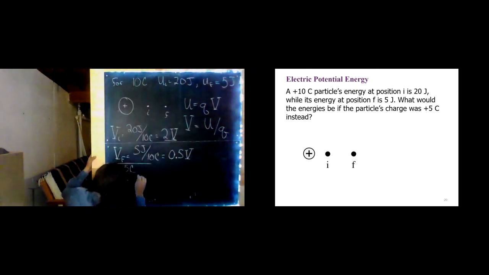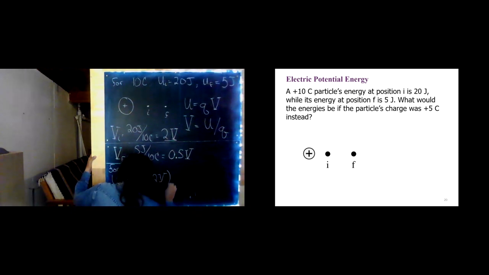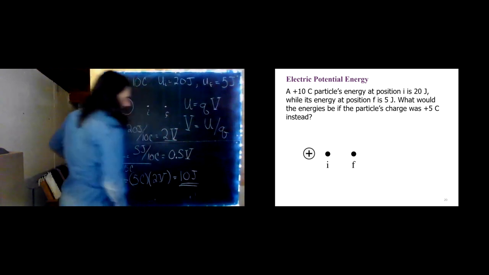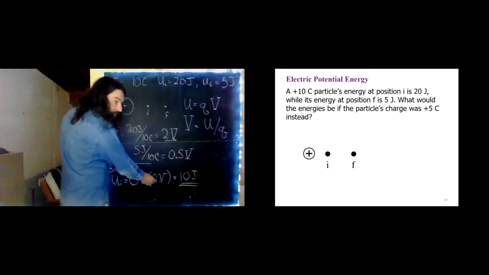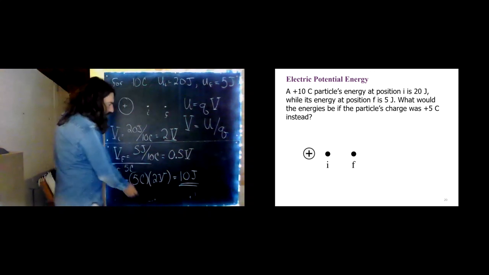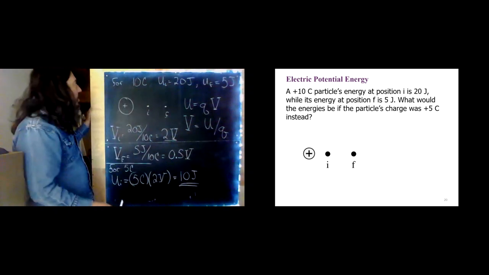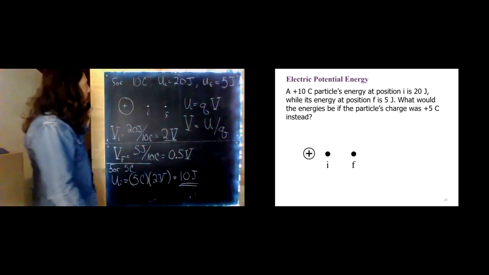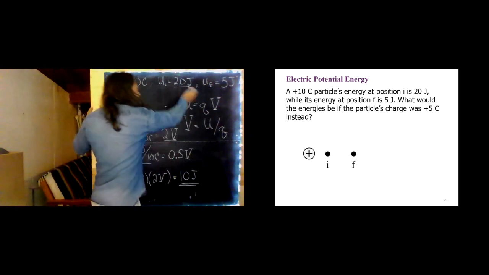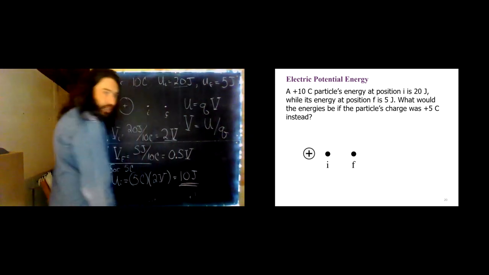Now we have a 5 Coulomb charge, and we're going to multiply that by 2 volts. We get 10 joules. So again, same potential, different charge gives us a different amount of potential energy. And again, you maybe could have guessed this initially. Half the charge gives us half the potential energy.